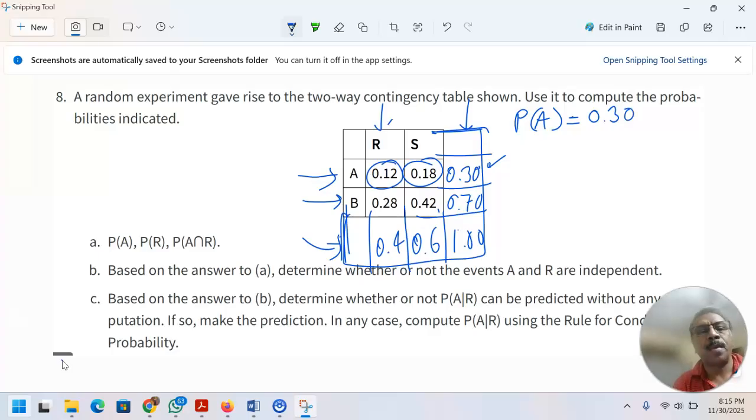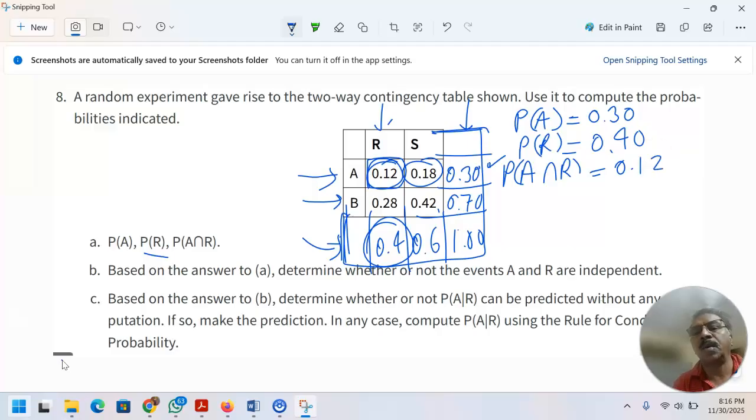Then the probability of R is right here, 0.4, and A and R is this piece, 12, which is 0.12, because A and R means the one that is for the row and the column. You can see this is the cell that helps.